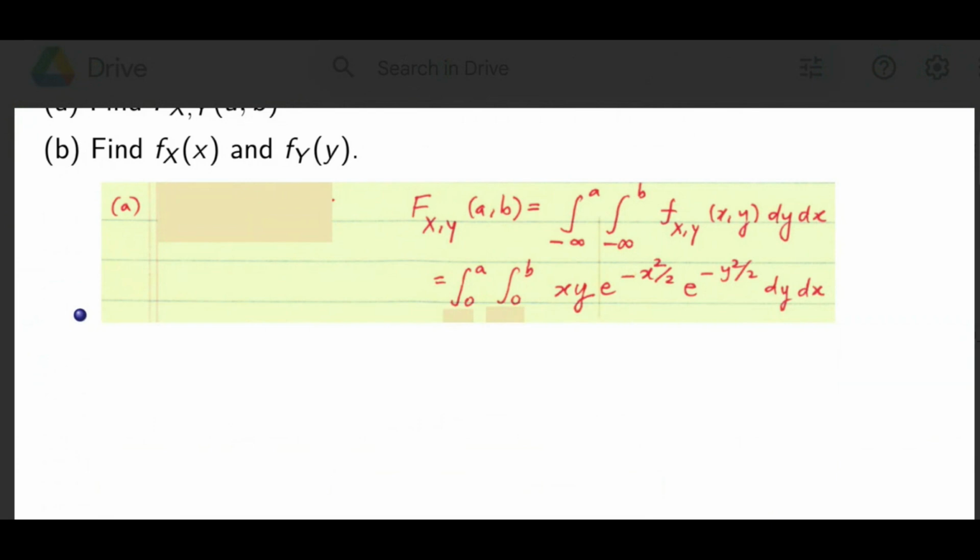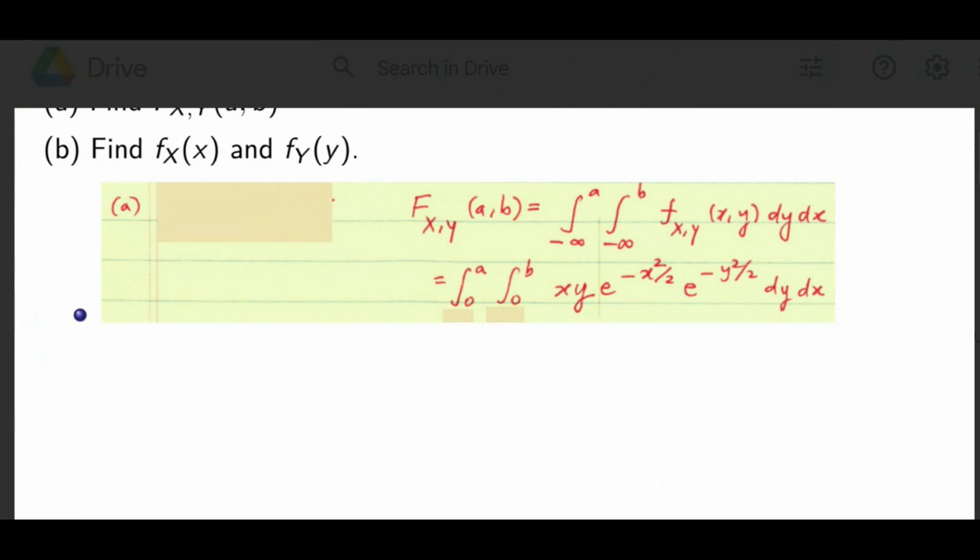This is now extended to a 2D random variable. You want to know what is the probability that X is less than A and Y is less than B at the same time. So what do you do? Follow the rules. Draw a picture. The region of interest means I need to integrate the density from minus infinity. Now, I'll tell you why this reduces to zero.